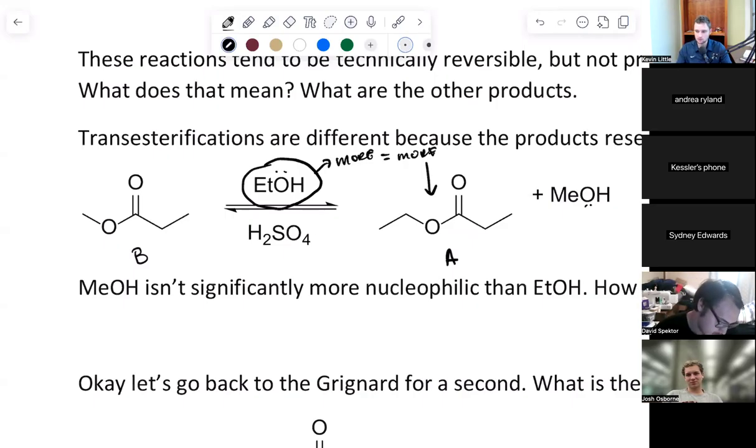Whereas more methanol would equal more of product B, right? It's reversible, right? If I want more ethanol adduct, I add more ethanol. So a lot of these transesterifications, we use ethanol as a solvent, right? We add like millions times more ethanol than the starting material, and we push the equilibrium all to one direction.